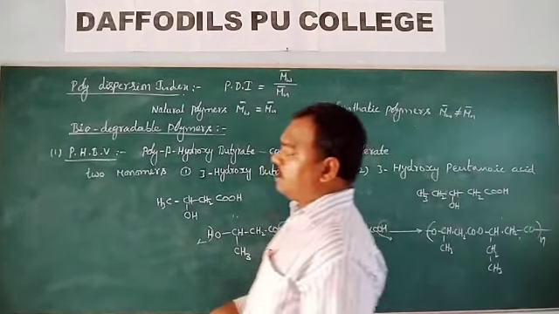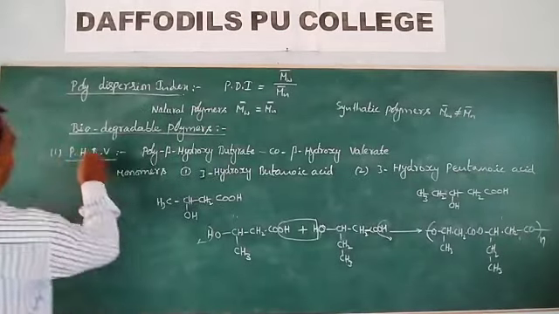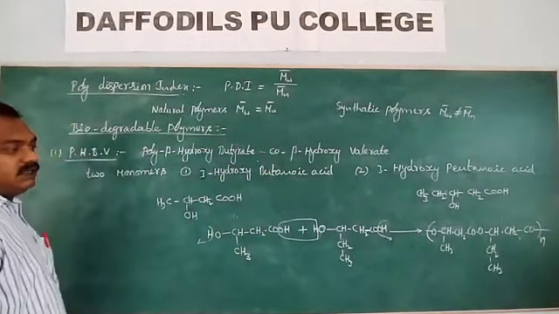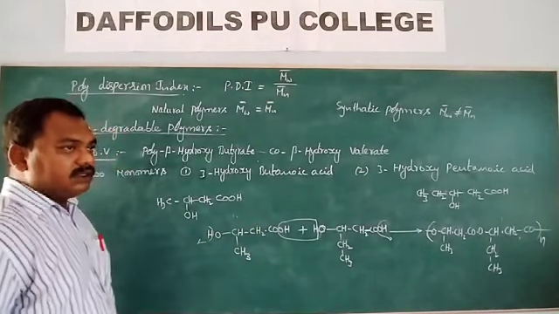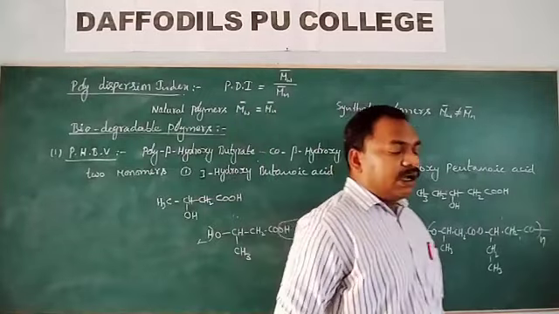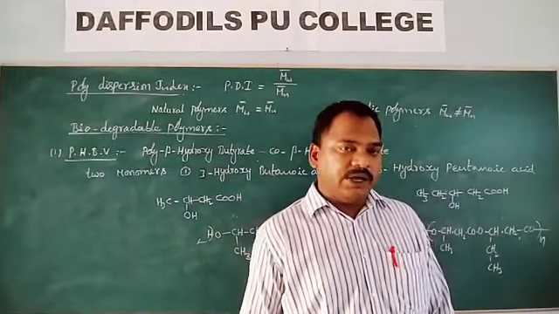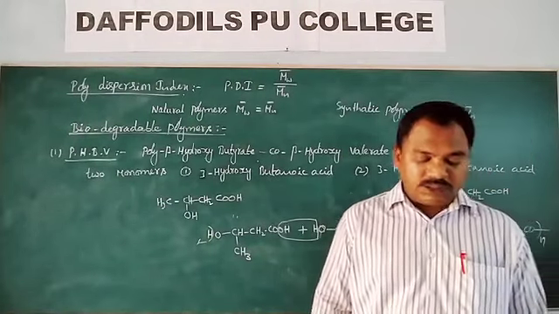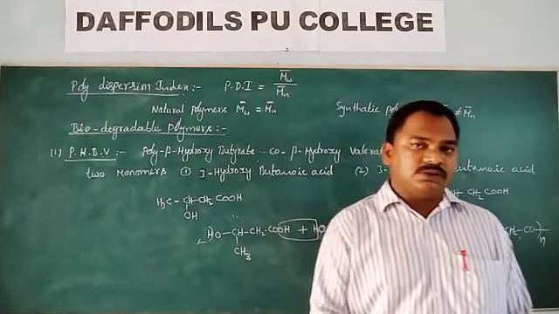Poly beta hydroxy butyrate co-beta hydroxy valerate. This PHBV is used in orthopedic devices, biodegradable orthopedic devices, and also in the manufacturing of capsules.